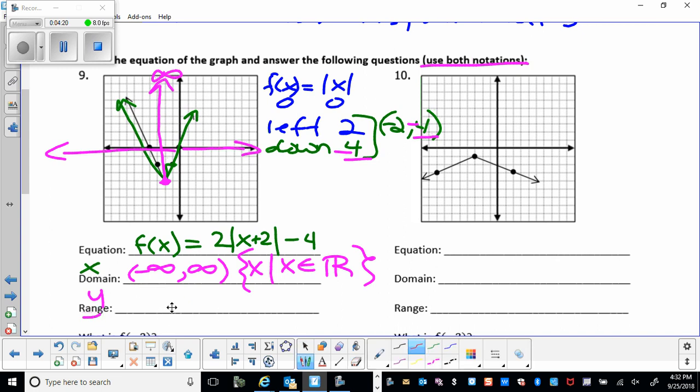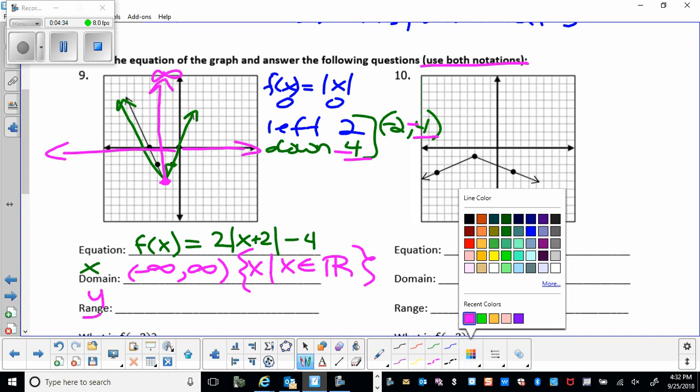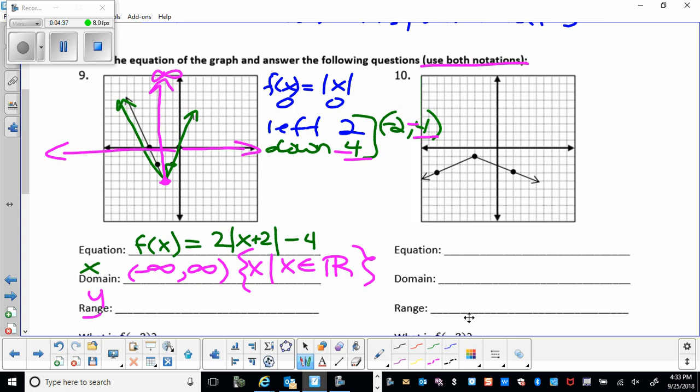Here we go. We're going from -4, right? So I'm going to start at -4, and I'm going to positive infinity. And then, set notation wise, you just say, okay, I'm doing my y's, and my y's are greater than, what's the smallest y value? It would be the -4.